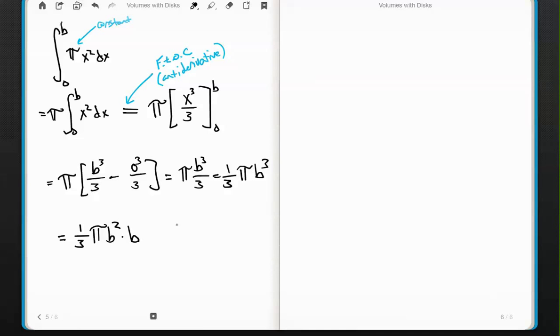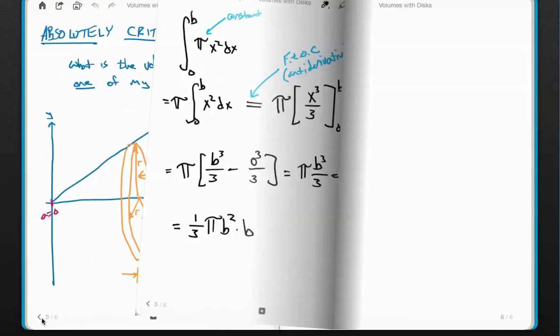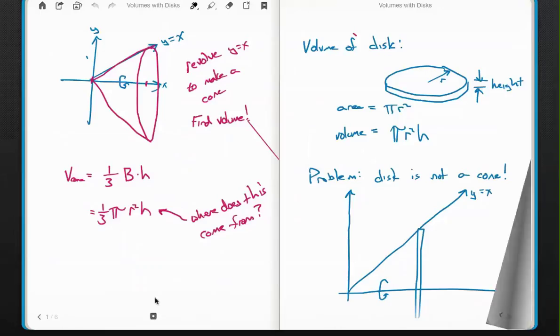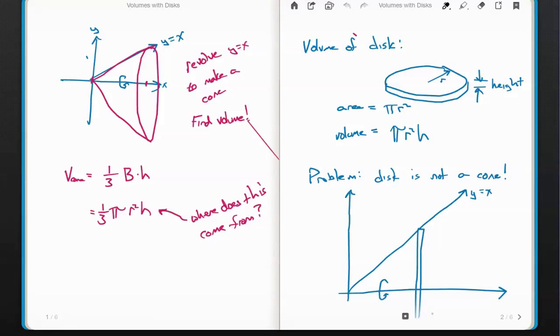That sounds a little bit familiar. Let's take a look back here. What is the height of our cone? b. What is the radius of our cone? b. The volume of the cone is 1/3 pi r squared h. The radius was b and the height was b, so it's 1/3 pi b cubed, or pi b cubed over 3. That's where that formula comes from. It's calculus.